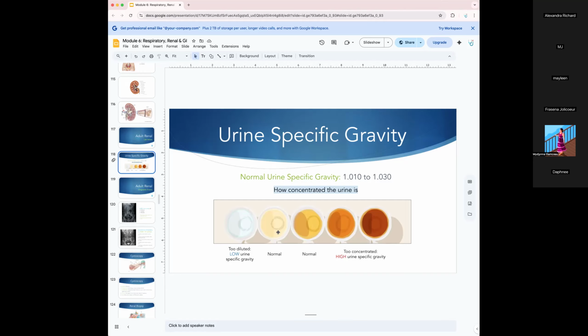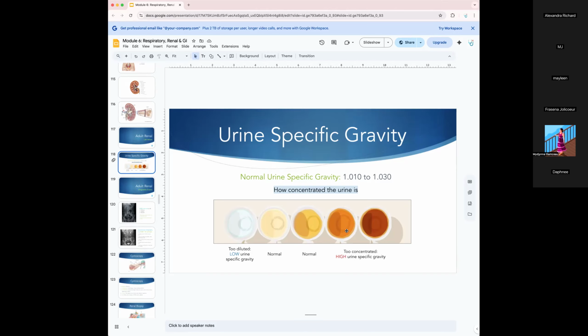And then something normal like the second cup and the third cup of urine, these are going to be within the range of 1010 to 1030, right? With this one maybe being more 1010 and this one being more 1030. Now these last two cups of urine are too concentrated, so these are going to be higher than 1030, right?